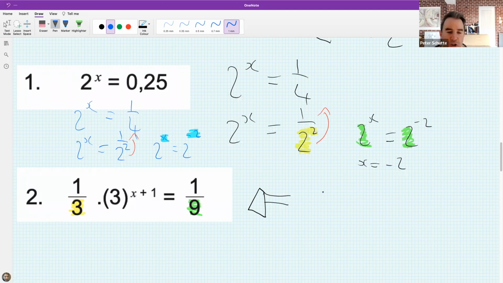What can we do? What was your question? I'm asking about number 1, how we got from 2 to the power of x equals 2 to the power of minus 2. How we got minus 2 up there? All right. Can I suggest you have a look? There's going to be a recording of this video. The main thing you need to get is that a quarter is the same as 0.25.